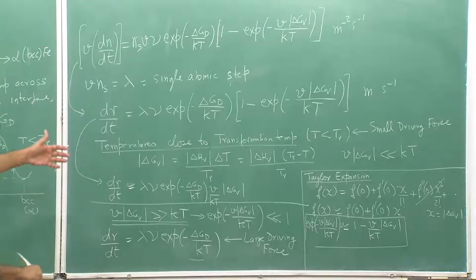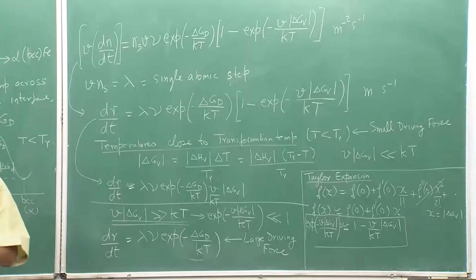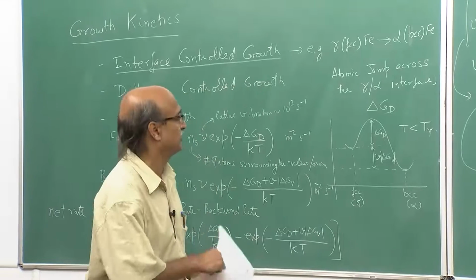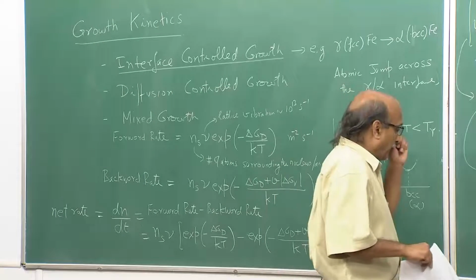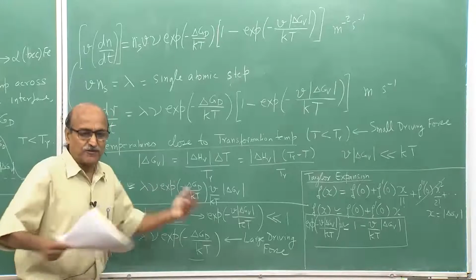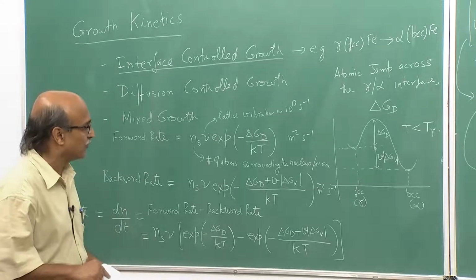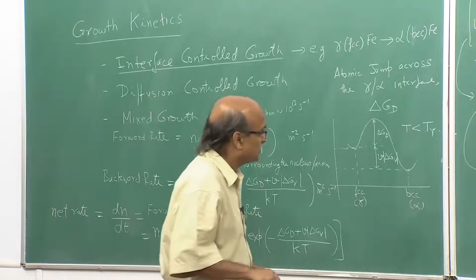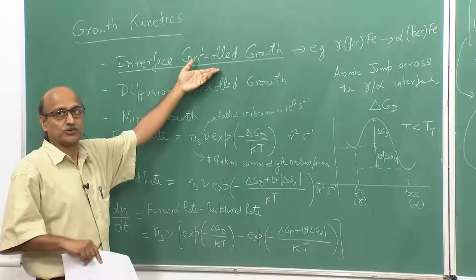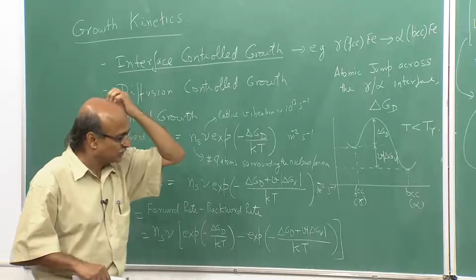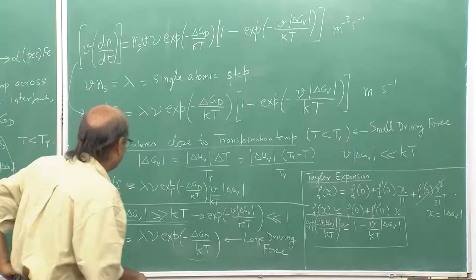So, we can assume the growth rate to be a constant, but the growth rate itself is going to change with temperature or change with undercooling. But if we were to model the kinetics of the overall phase transformation, and if we knew that we had interface controlled growth, then in that situation we can simply assume the growth rate to be a constant.